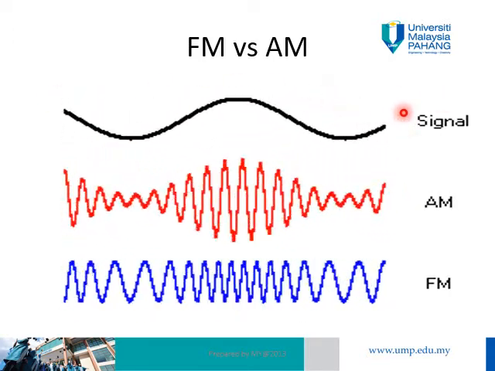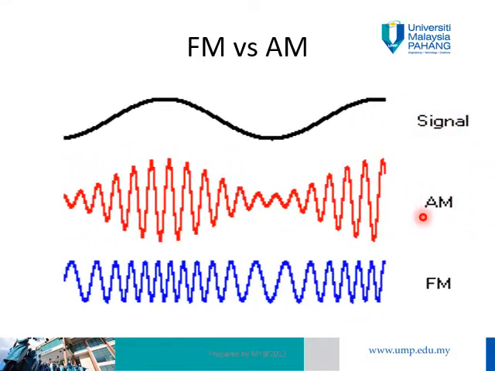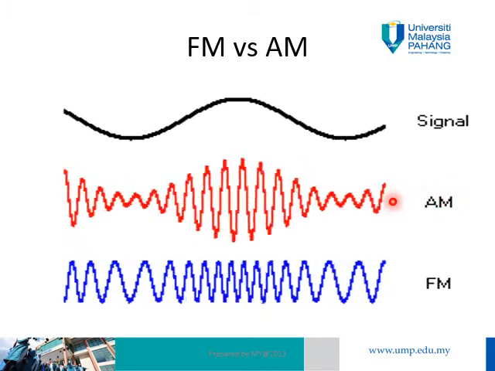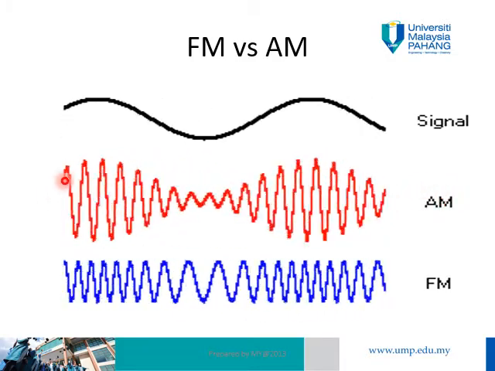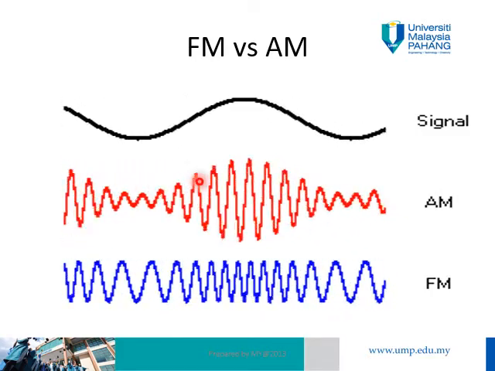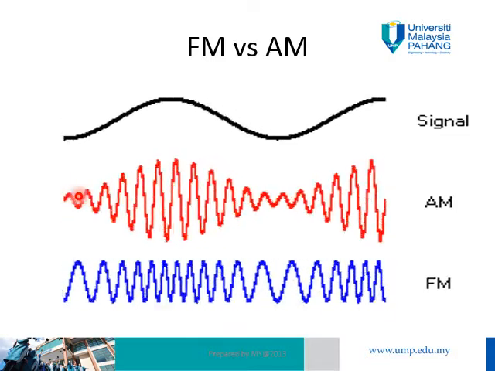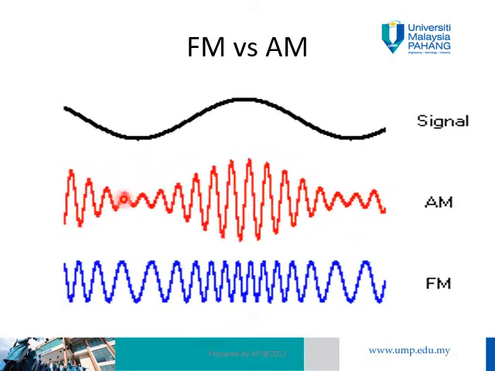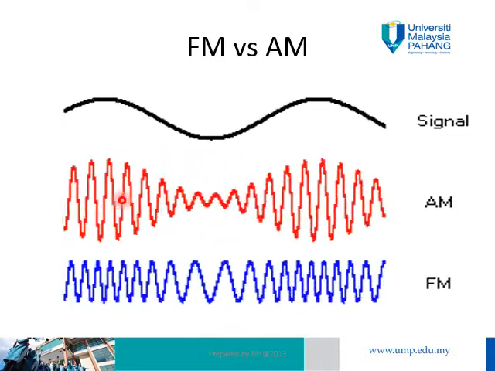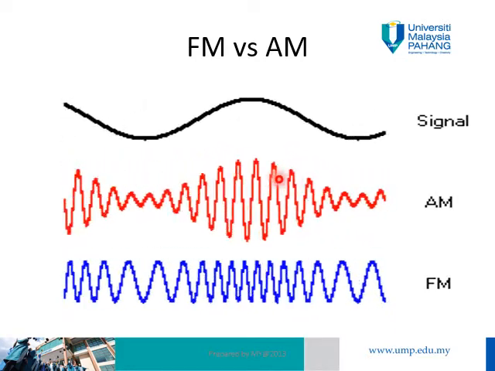The output AM modulated signal is in the envelope. Hopefully we still remember the envelope of the AM signal. The envelope has constant frequency, same as the carrier frequency, but changing amplitude.